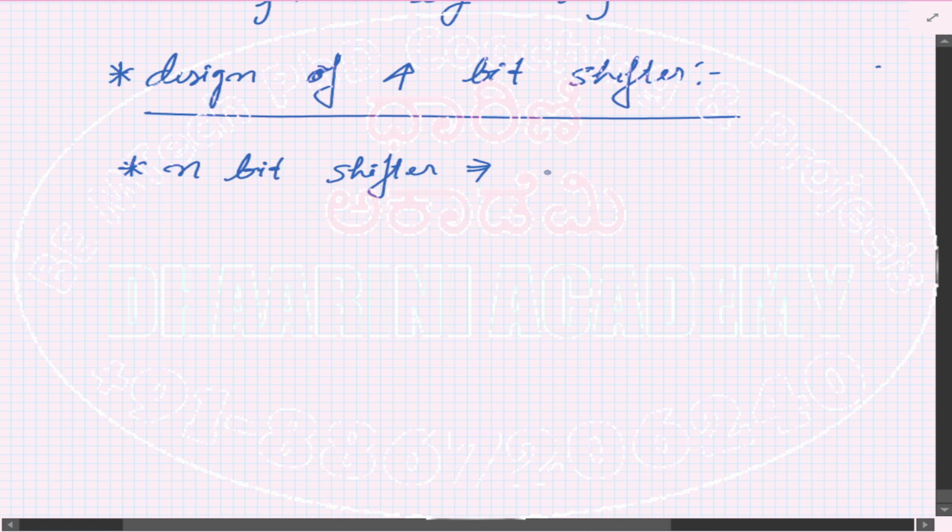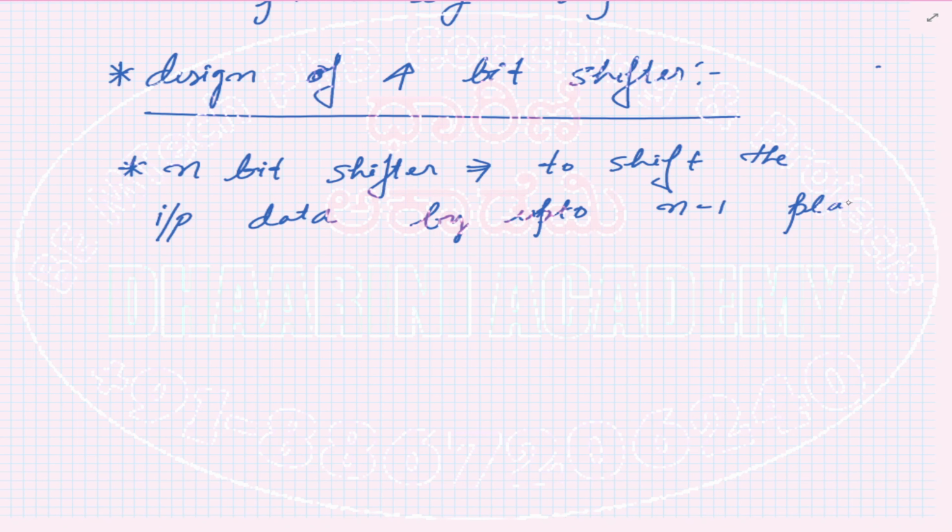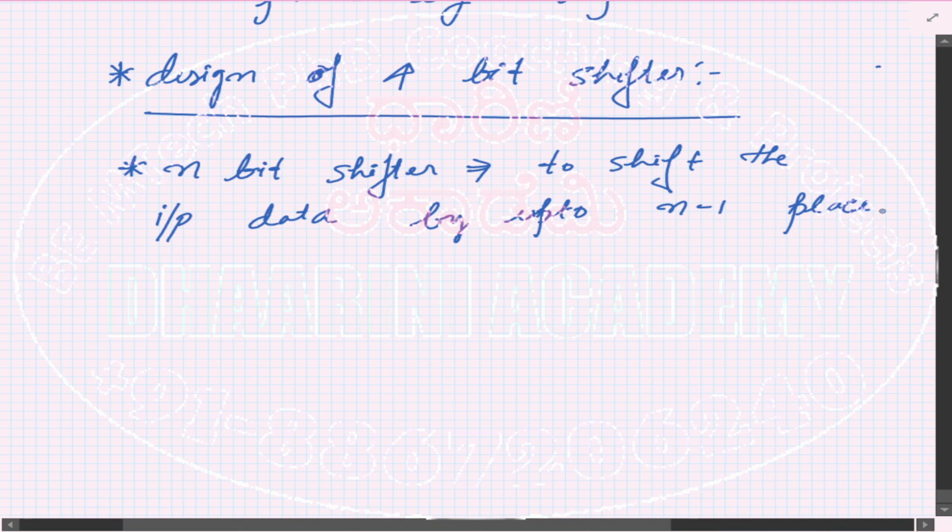This is to shift the input data by up to n minus 1 places. This is the first objective.